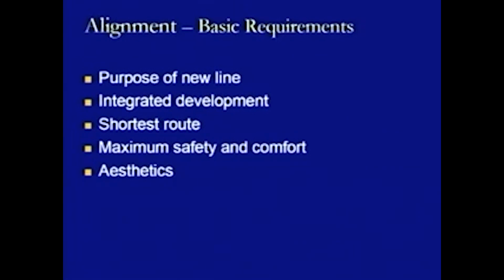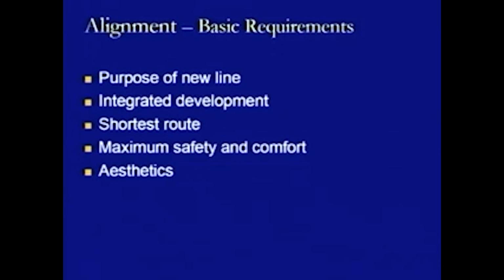It means for what reason that alignment has been provided between the 2 places, whether it is provided so as to move commodities from the place where they have been produced to the places where they are going to be consumed, where it is going to work as a connectivity mainly for passenger traffic, or where it is going to work as a point of tourist attraction in that area, like in the case of hill railways provided in Shimla or Darjeeling or Nilgiris in Ooty. So, they are also tourist attractions in those areas, or like in Matheran.